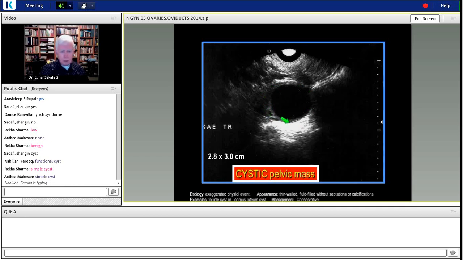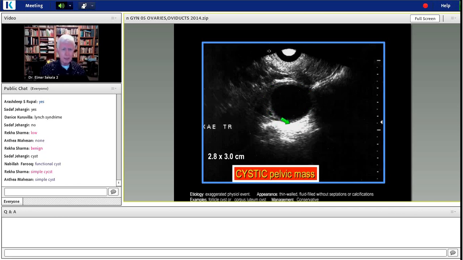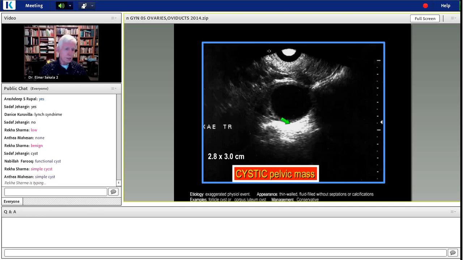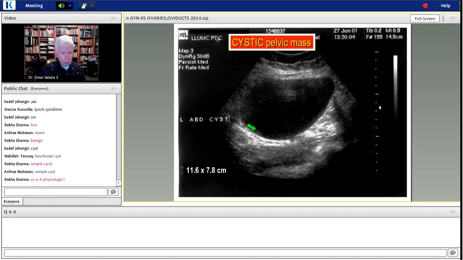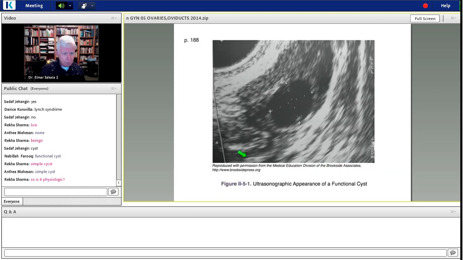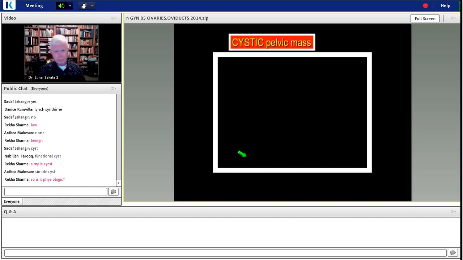So many women who are ovulatory normally will have at some point in their cycles a pelvic mass of this size. It is not going to be palpable typically when it is this size. But when it gets bigger, and this one is 7.8 by 11.6 centimeters, you can see it has the same characteristics. It is round and smooth. There are no calcifications and no septations. This is benign. This is in your book, page 188.